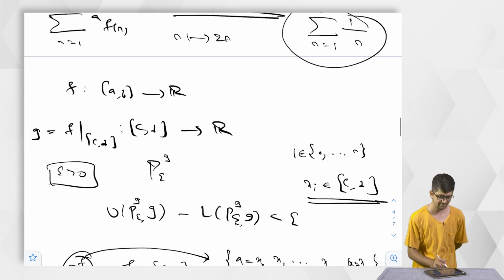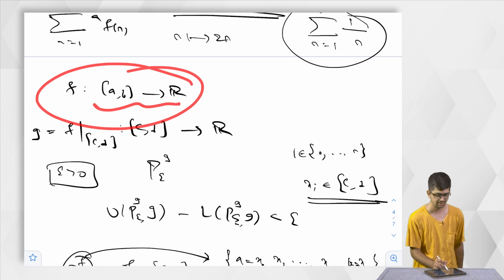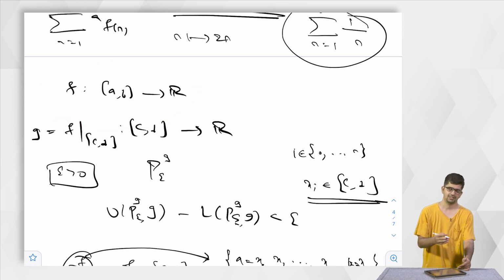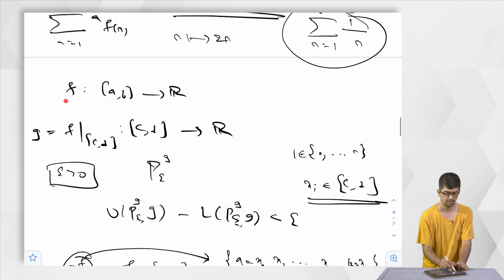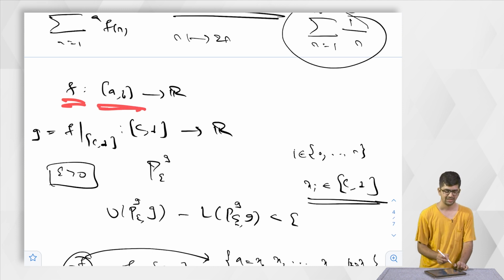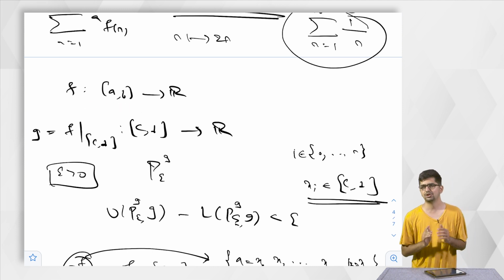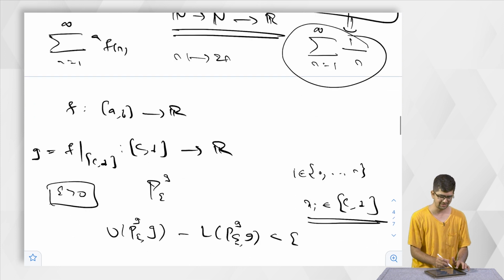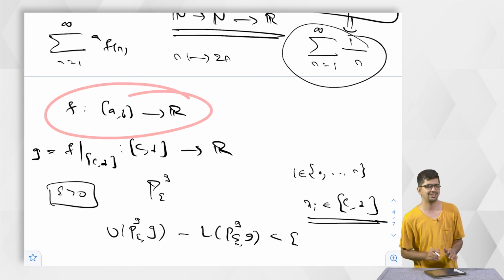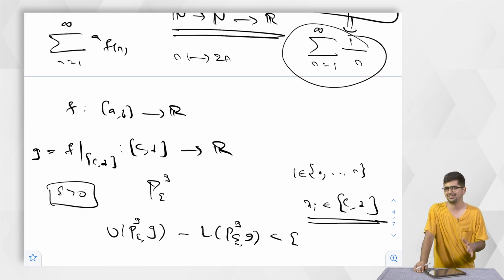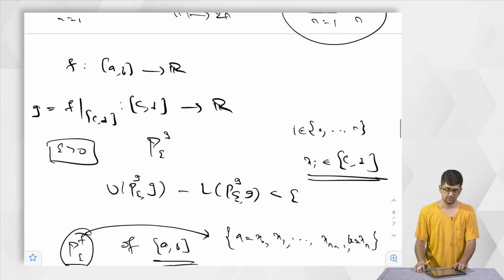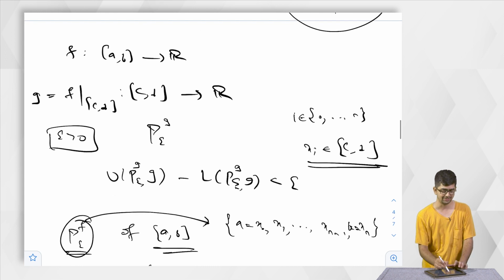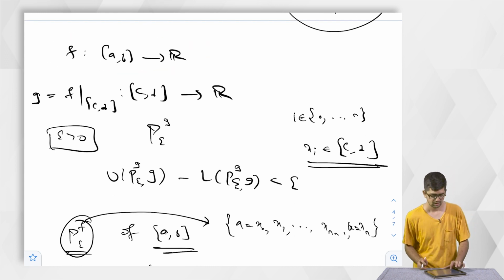If I take any integrable function f and take its restriction to some subset of [a, b], that is still integrable. These two are not really the same: taking a subsequence and then the series is not the same as taking a restriction, but we were slightly afraid, which was not necessary. Still, it is good to know the proof that the restriction is integrable.